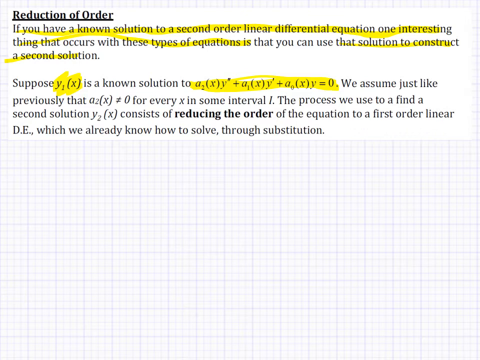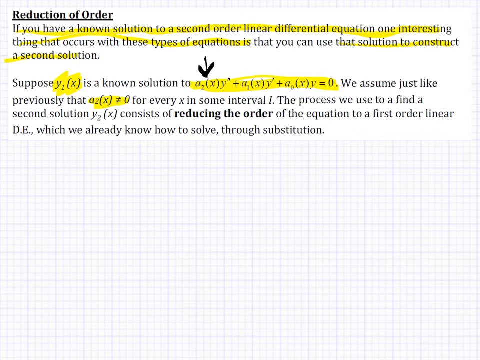Okay? We're also going to assume that a sub 2 of x is not equal to 0. The reason why is that if this first thing right here is equal to 0, then this wouldn't be a second order differential equation. It would really only be a first, because that would zero out that whole term. And if it's just a first order, then we don't need any of this.